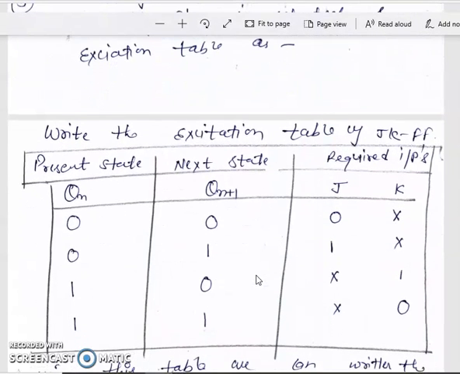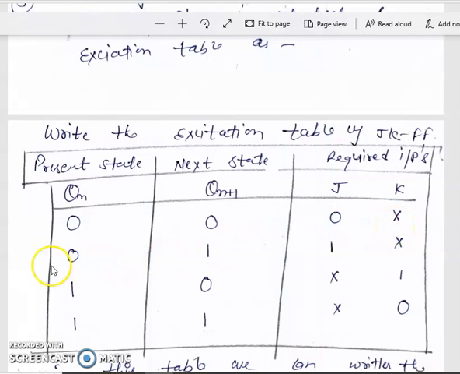We all know that the excitation table is a combination of present state, next state and the required inputs of the flip-flops. So present state is represented by Qn, next state is Qn plus 1 and the required inputs are J and K. Present state going from 0 to 0, J is 0 and K is don't care.